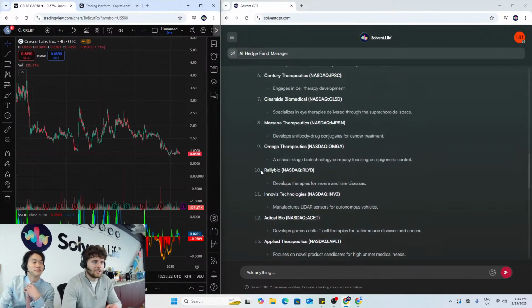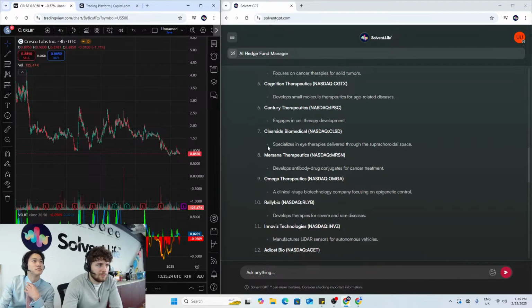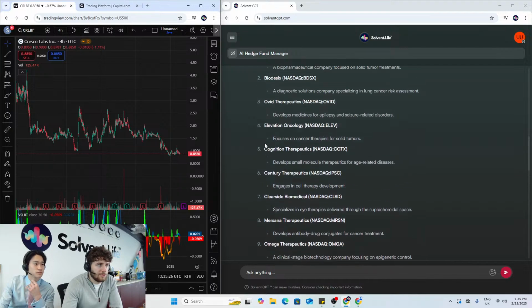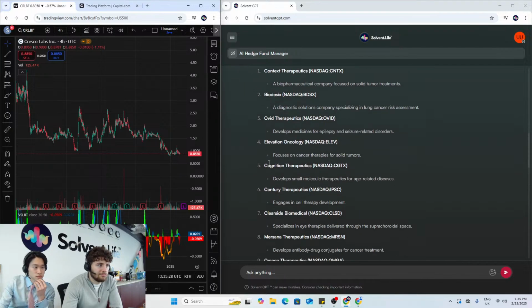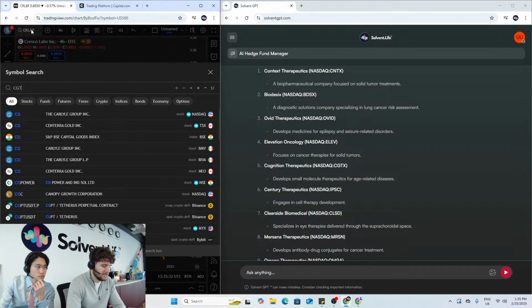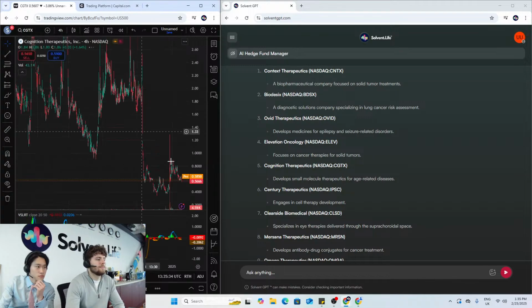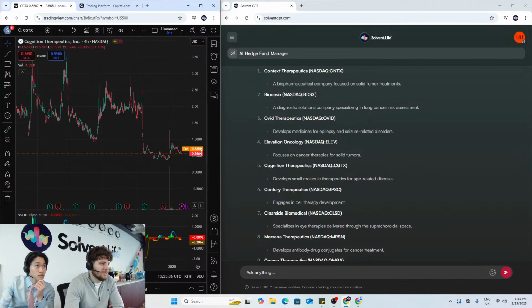Now we can take a look at some other ones here. For instance, we could take Cognition Therapeutics, CGTX. Wow, very undervalued. So the majority of these stocks will be trading below their 50-day moving average. Maybe they have a low price to sales, price to earnings.